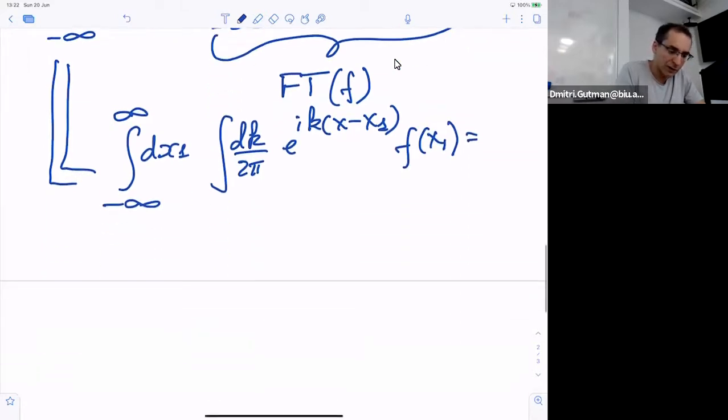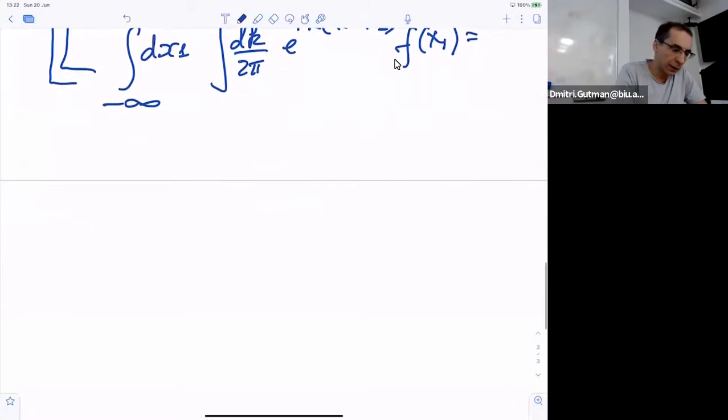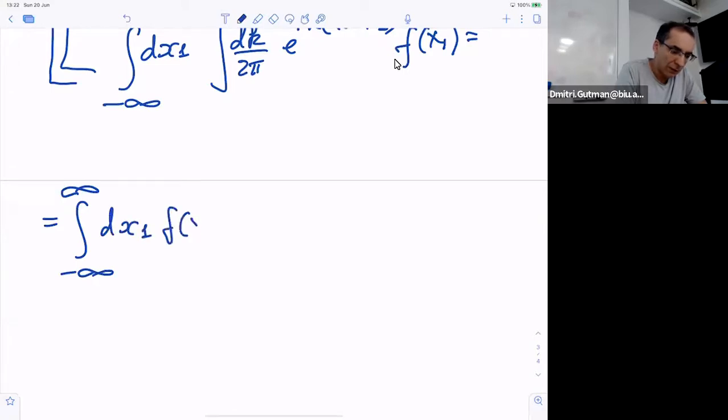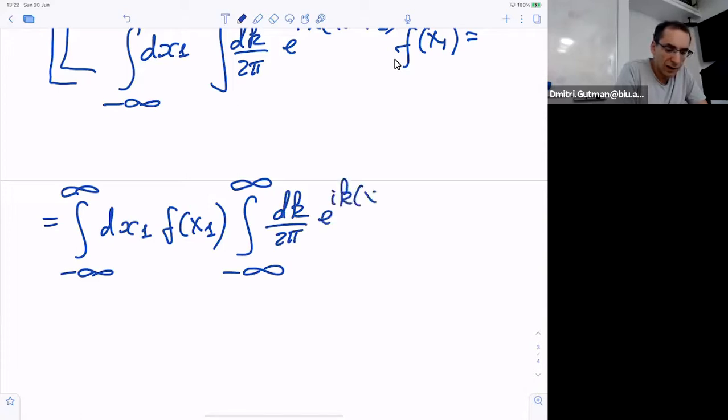So I can write this thing as an integral from minus infinity to infinity dx1 f of x1 times the integral from minus infinity to infinity dk over 2π e^{ik(x − x1)}. That's it.